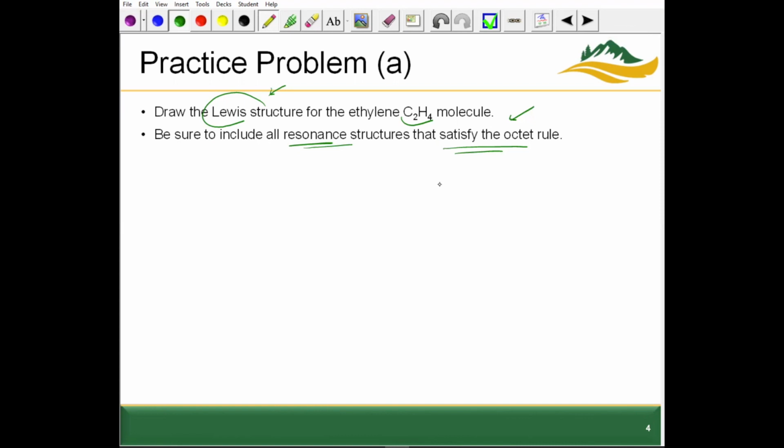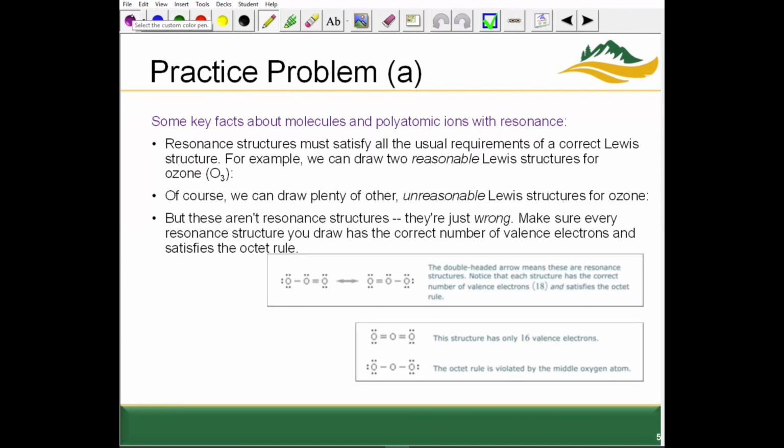For viable Lewis dot structures, the goal is to have a satisfied octet or duet. If we're trying to draw a resonance structure that doesn't satisfy that, then it probably isn't a resonance structure. Again, resonance structures must satisfy all the usual requirements of a correct Lewis structure.